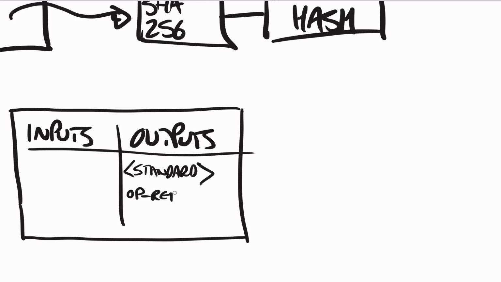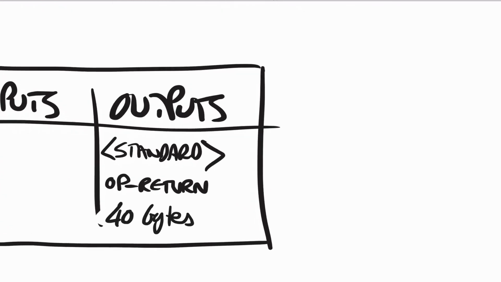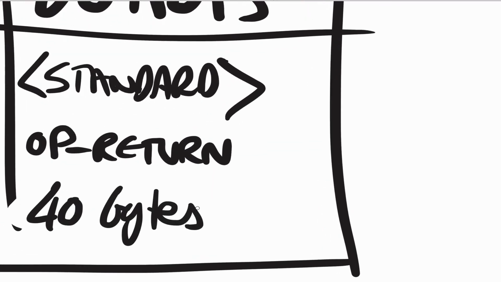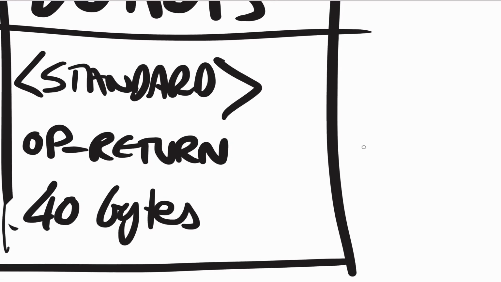But then the other output you've got is the OP_RETURN, okay? And after this you have 40 bytes, or 40 characters, right? So 1 byte is a character, so basically either a number or, I'm not going to go too much there, but that can be whatever you want, right?